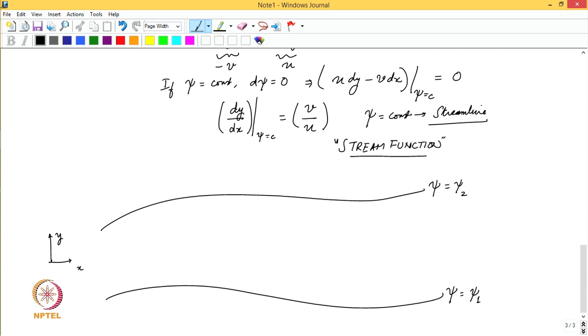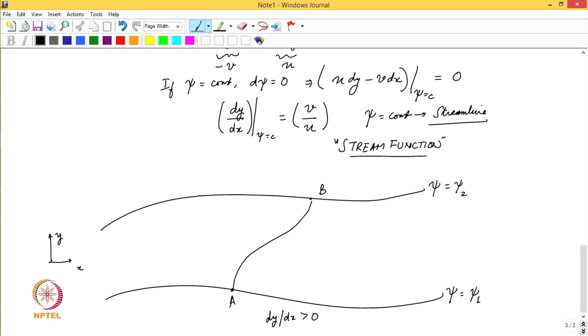So, what we will do is, say we take any 2 points A and B, A on streamline psi 1, B on streamline psi 2, and let me draw a convex surface connecting A and B. So, say we take a surface which has the following shape, and the shape is chosen specifically so that the slope on this surface is always positive.